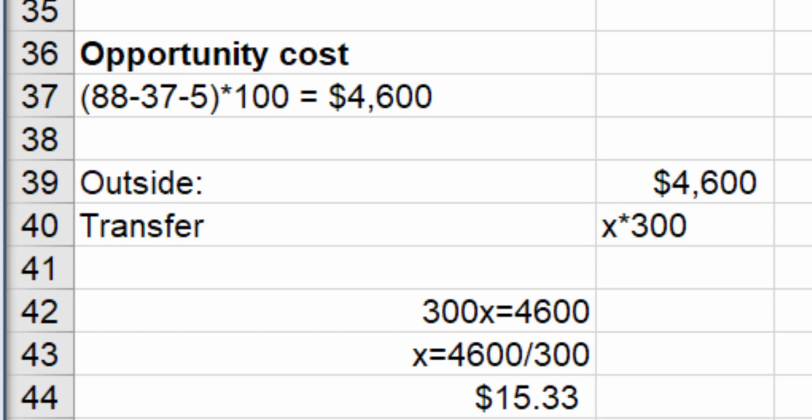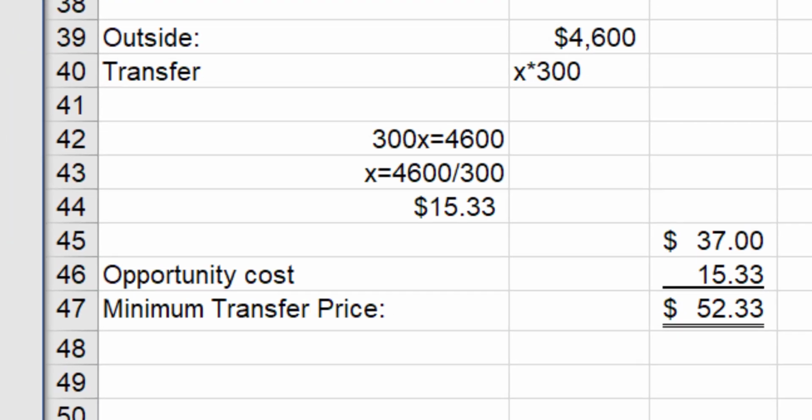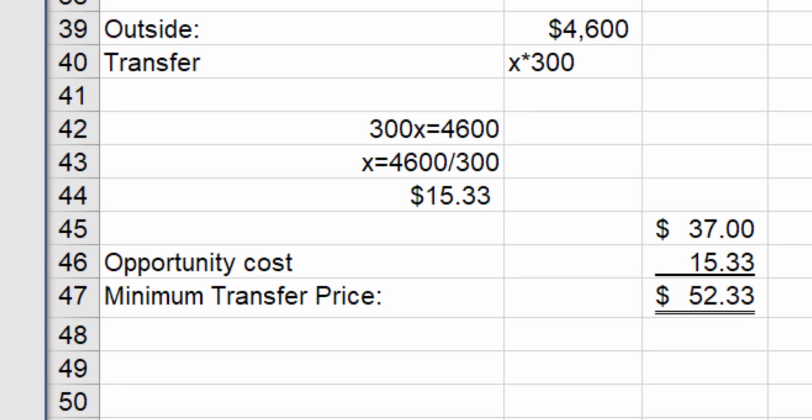Well, now this question just becomes like some of the other ones we've already looked at. Our variable cost was $37, our opportunity cost is $15.33, and therefore our minimum transfer price is $52.33.